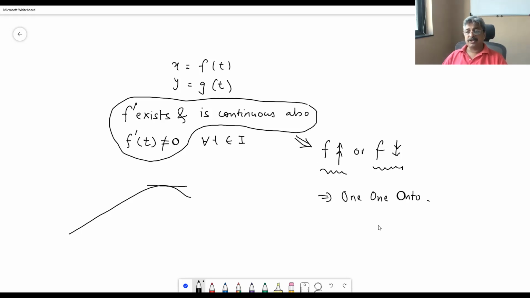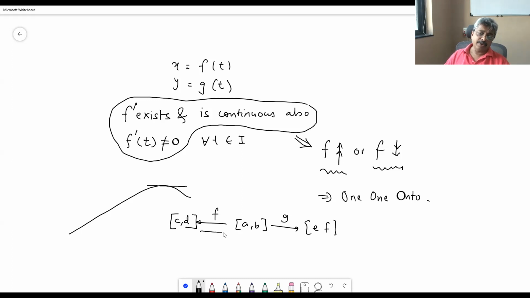And therefore the inverse was possible, and therefore we had set up the composition of the function like this. This was the range of your g, and from a to b it was the function f whose range was c to d. And here, because f is monotonically strictly increasing or decreasing, you can always have the inverse, f inverse.